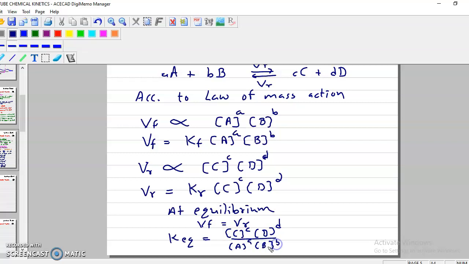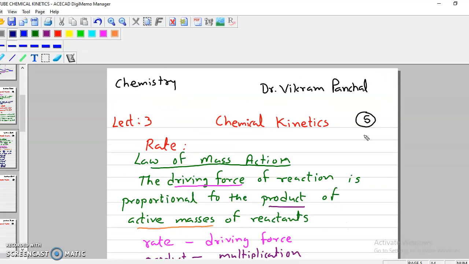Okay, I think you must have studied this in the chemical equilibrium chapter, and it is very simple. When we equate these two, Kf upon Kr becomes the equilibrium constant K, and for that we write concentration of products upon concentration of reactants. Okay, so this is regarding the law of mass action.